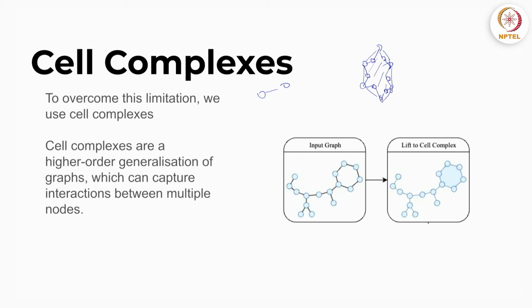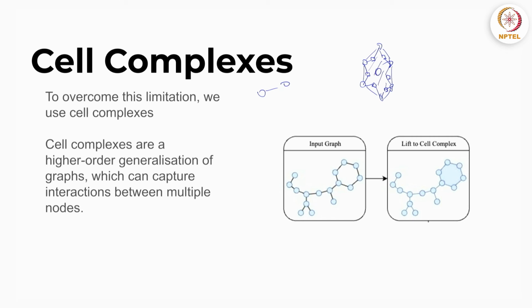In this way, we've given edges their own features, and we've also maintained the connection that one edge connects two nodes. And then we can go up one more dimension and give this whole face a node, and then connect it to all the edges that comprise the face. In this way, we've given the whole interaction of 6 nodes a feature vector by itself that can encode the interactions of all these 6 nodes together. So this is the power that cell complexes give us.